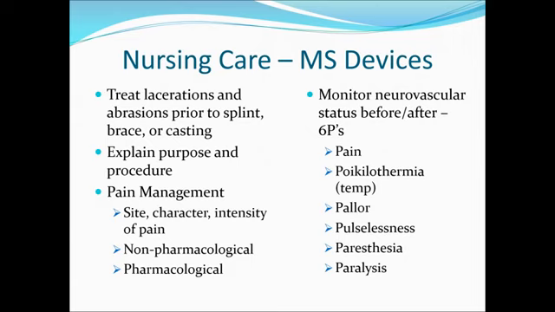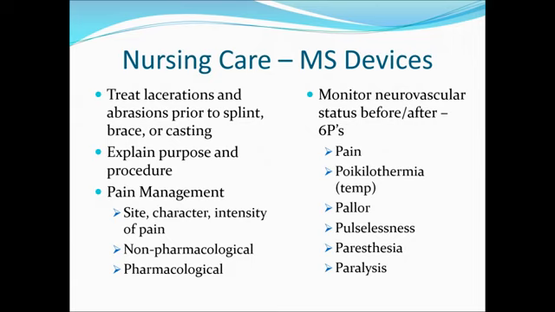The real key priority I want you to be familiar with is you need to watch neurovascular status, both before we do the reduction, after we do the reduction, before we put the immobilizing device on, and after we put the immobilizing device on. And we call it the 6 Ps. I mentioned these a little bit before when we were talking about neurovascular assessment.